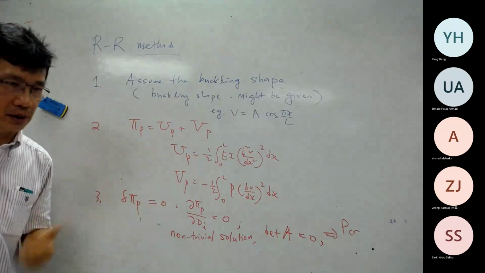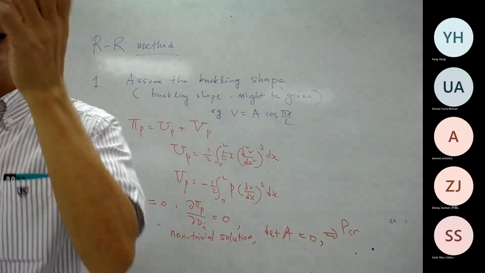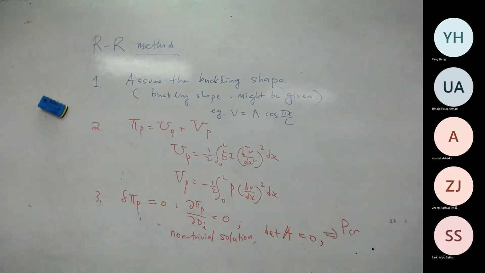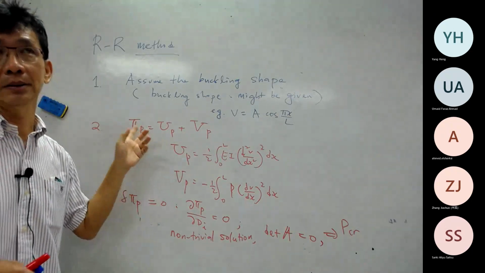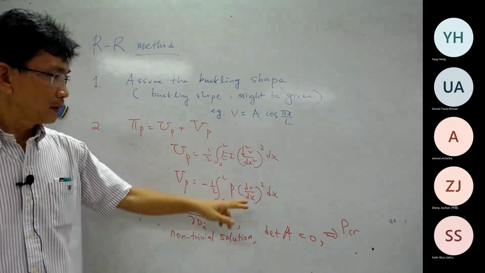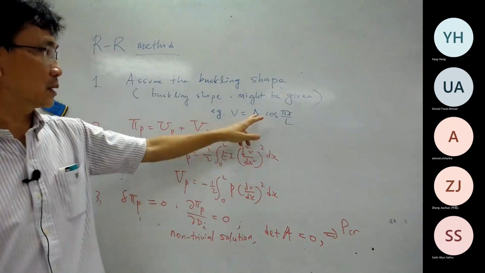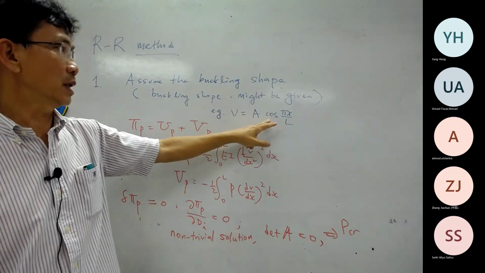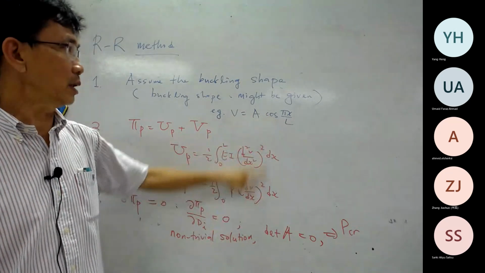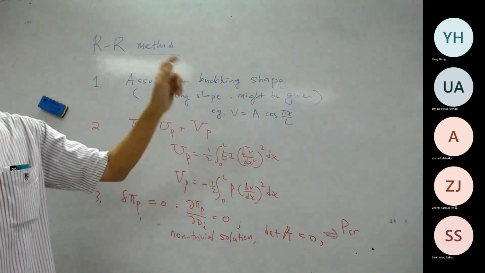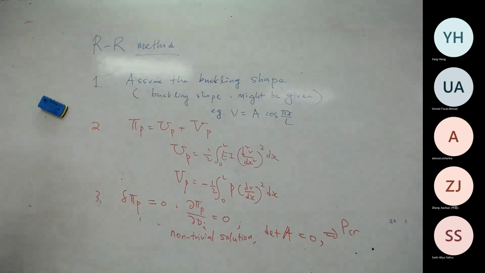If you have to integrate sine square, how do you integrate sine square? How to integrate cosine square? Because if you have this dv dx, this one becomes negative A sine. You square it, it becomes sine square. How to integrate sine square? You need to be familiar.